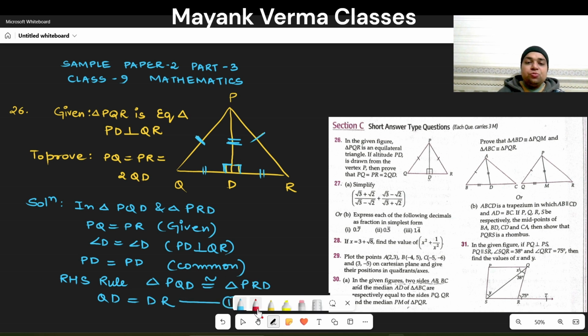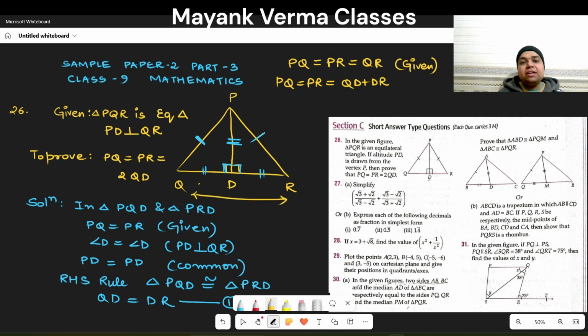Now what I can do in the next step, we already know that PQ is equal to PR is equal to QR, right? This is given to us. Now this PQ equal to PR, instead of QR, can I write QR as QD plus DR? Because QR is the main thing, and I can rewrite it as QD plus DR. Now see, from equation 1, can I replace DR with QD?